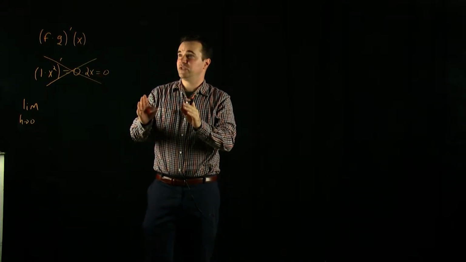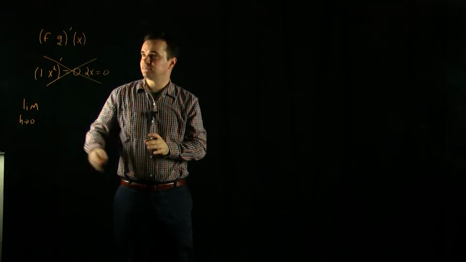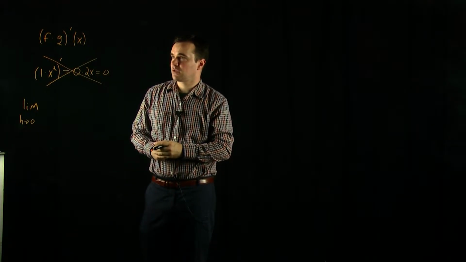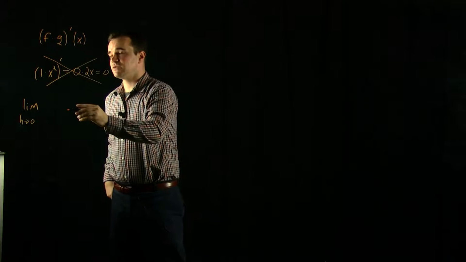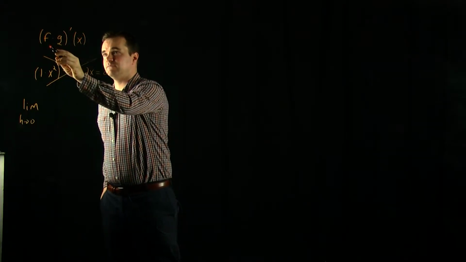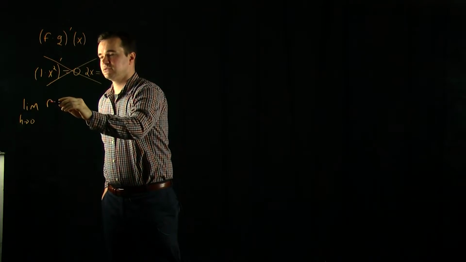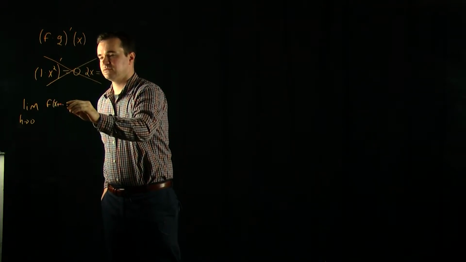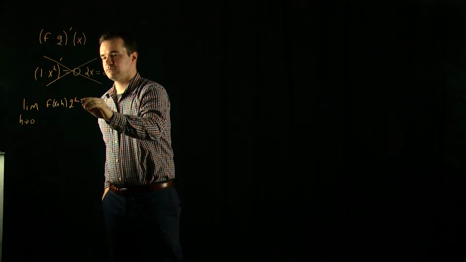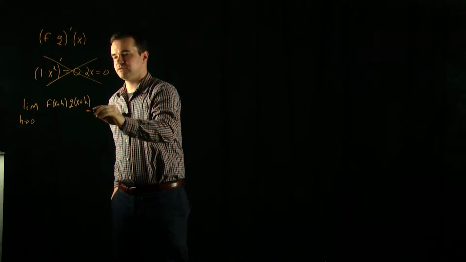But let's write down what the definition of this derivative is. So I have to take f times g and plug in x plus h. It's going to be f of x plus h times g of x plus h.